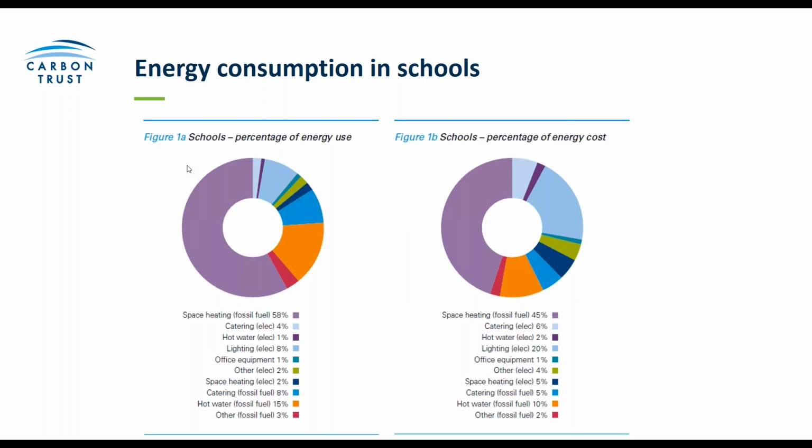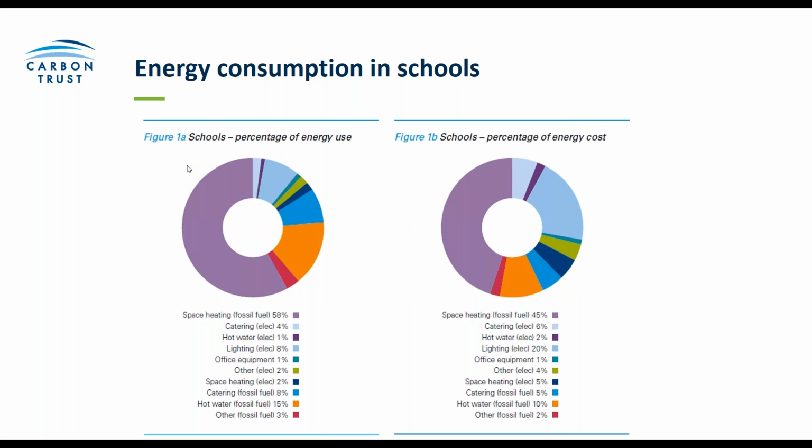Generally, secondary schools will have higher energy costs than primary schools because of the longer hours that they tend to have and the larger number of students. Secondary schools also tend to have more widespread use of electrical equipment.